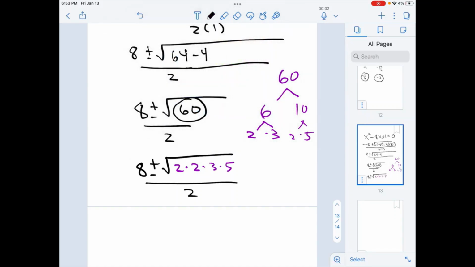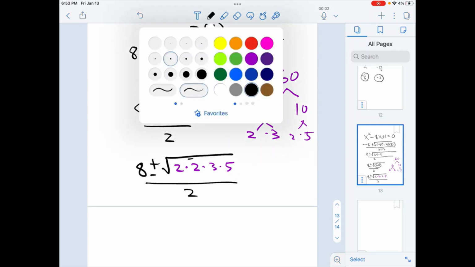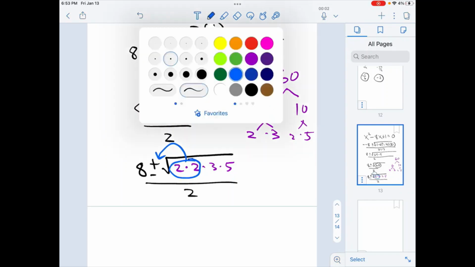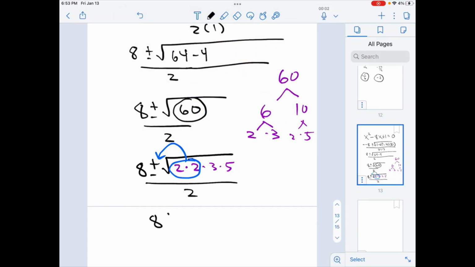All over 2. Okay, now remember the rule with square roots. If you see two of the exact same number under the square root, then one of them can pop out over there. And so we're going to do just that here. We're going to rewrite this now as 8 plus or minus 2 square roots of 15 over 2. Okay, now we're still not done yet.